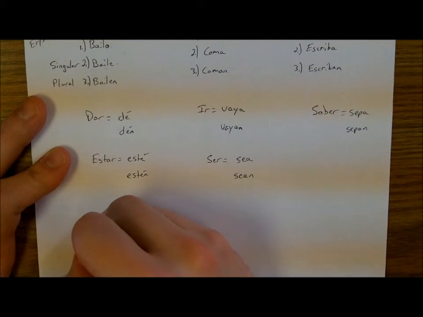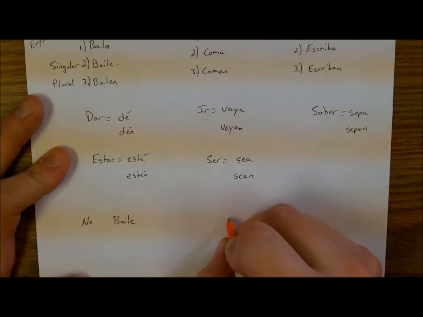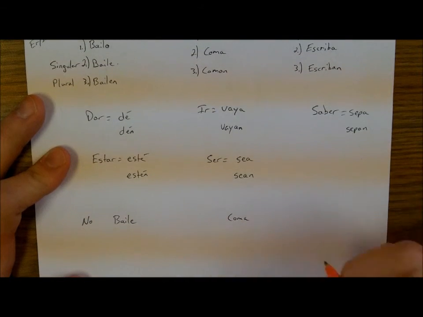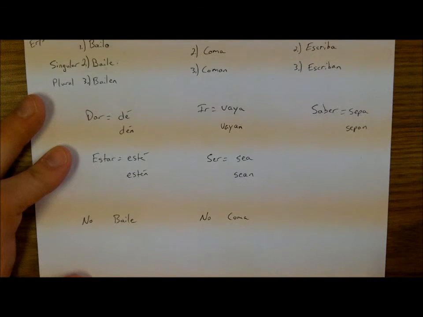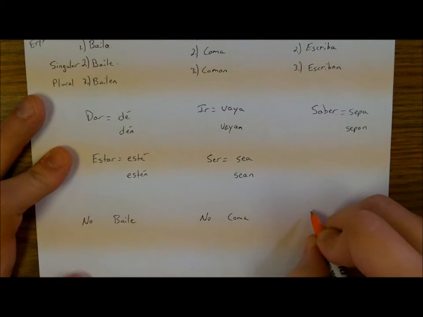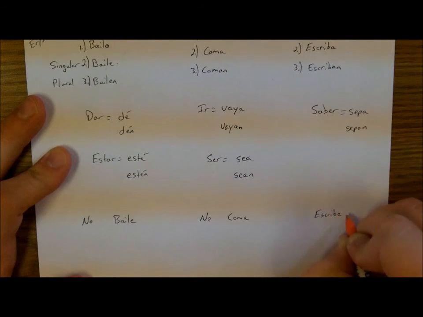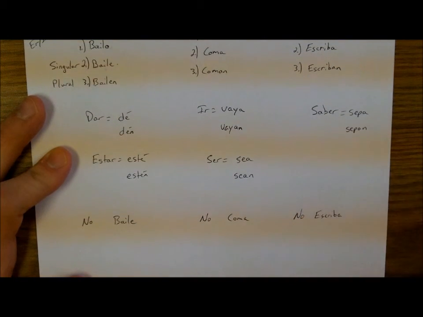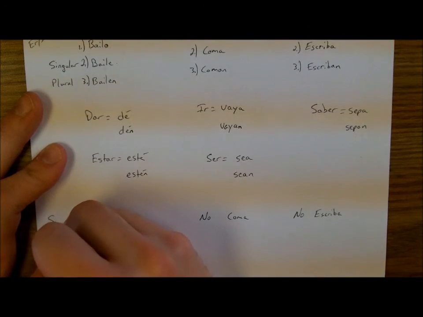All you're going to do is add a no. No baile. For comer, we had coma. All you do, add a no. No coma. We had escribir, which changed to escriba. All you do is add a no. And that's for singular.